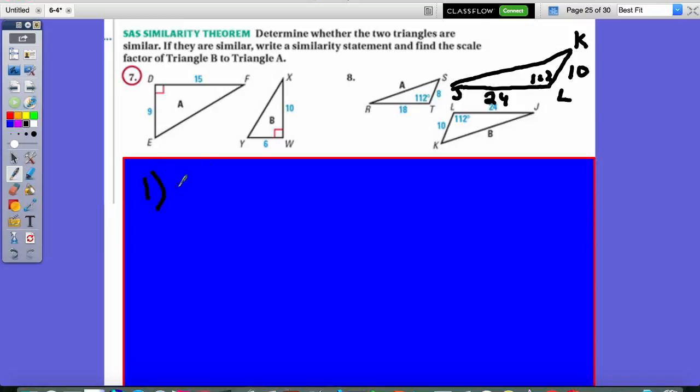So I have that angle T is congruent to angle L. Basically, that's given to me. They're both 112 degrees.